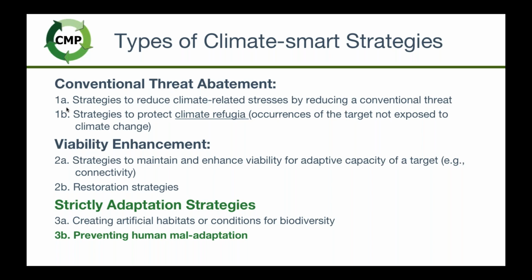So you're trying to essentially prevent conventional direct threats from degrading that climate refugia. But it would change if you were actually restoring a refugia. You'd put it under viability enhancement. But because you're trying to protect that refugia from threats, that's why we put it there.